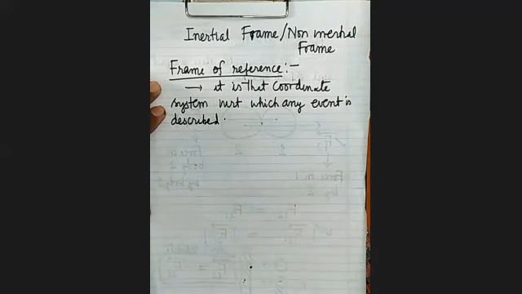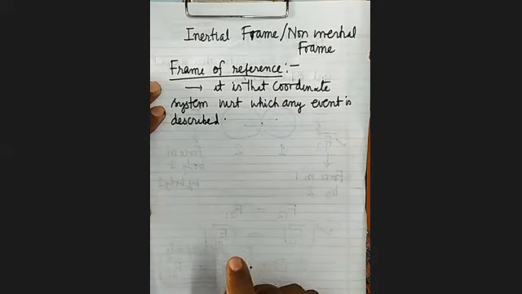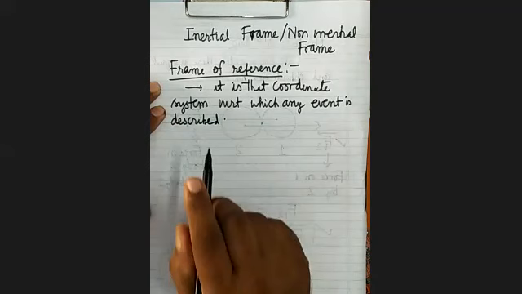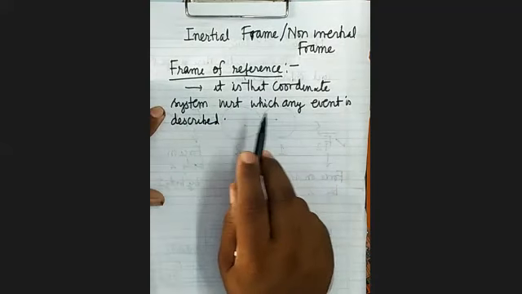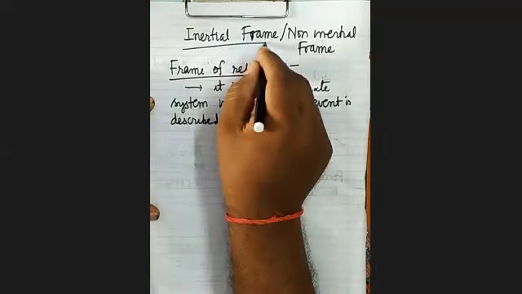That is called the frame of reference. In order to describe the position of a body, its velocity, acceleration, we will choose a coordinate system and select the origin of that. So that coordinate system is called the frame of reference. Now see here, what do you mean by inertial frame?